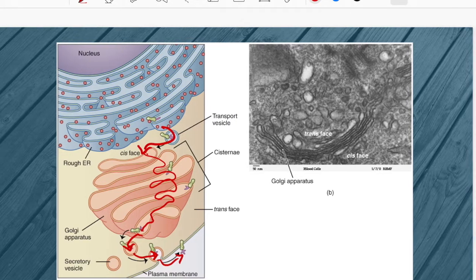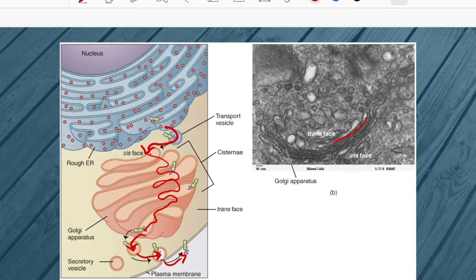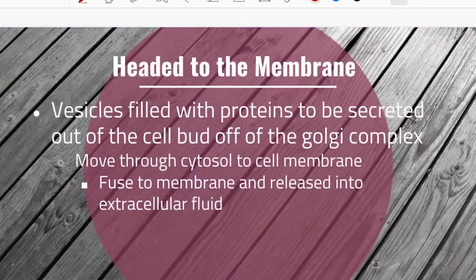And this is a micrograph. It's pretty cool. You can see all of those layers right through there. Cis, so we're going this way, and trans, we're going that way. And you can see coming off of this Golgi apparatus all these little bubbles, those are vesicles coming off the Golgi apparatus. So once we get it all packaged into those vesicles at the Golgi, it heads to the cell membrane, and it will fuse to the membrane and release into extracellular fluid.